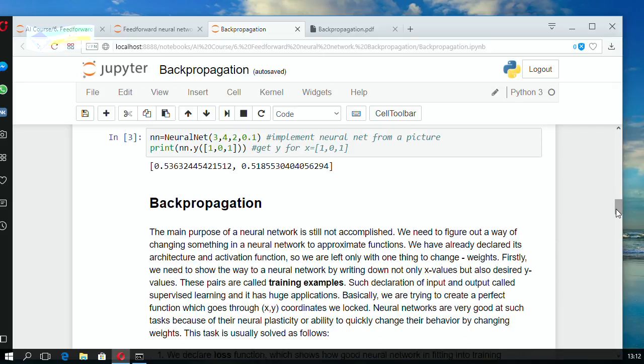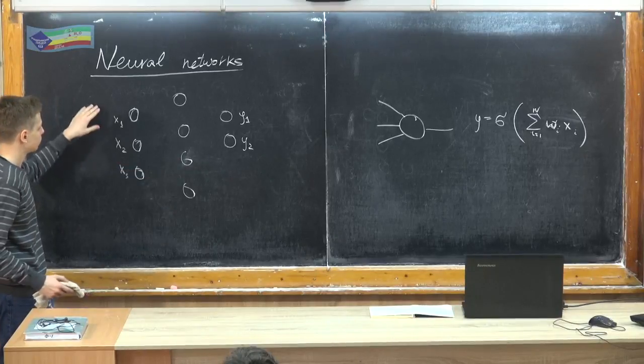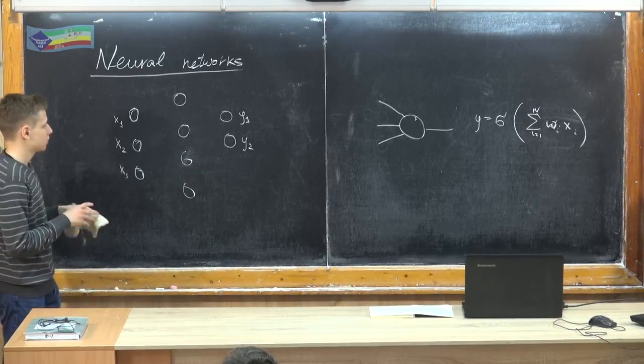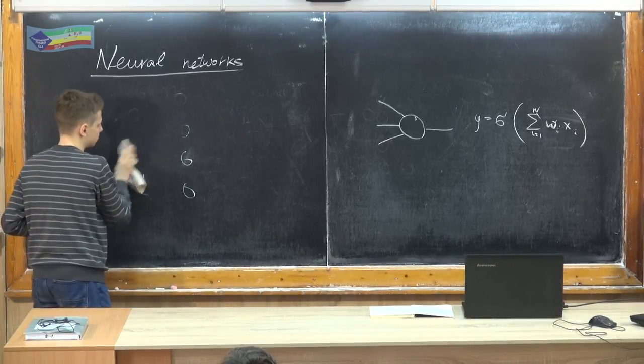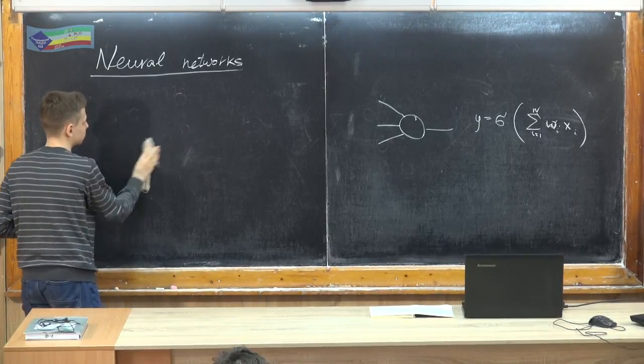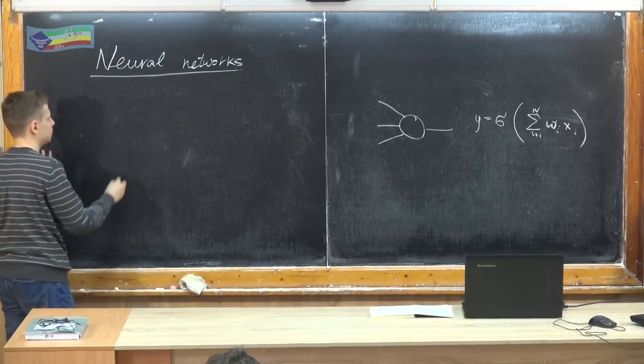And finally, after we've defined how to calculate the output of the neural net from the input, we can go back to supervised learning and remember that we have 3 tasks.